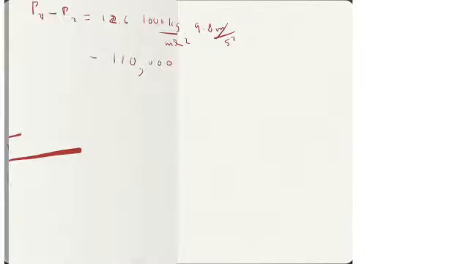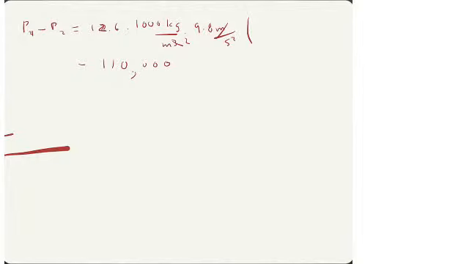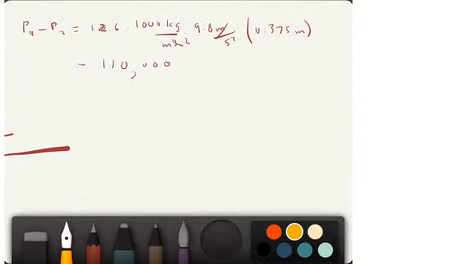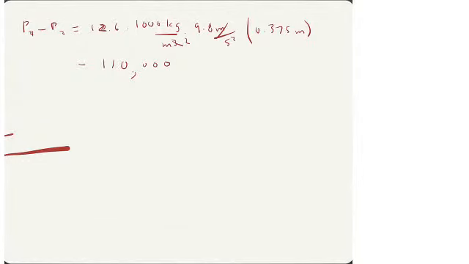0.375 meters. See, I knew there was something wrong. 0.375 meters. So in terms of my units, meters times meters is meters squared divided by meters cubed gives me kilograms per meter second squared, which is the same thing as kilogram meter per second squared, a newton, divided by meters squared.